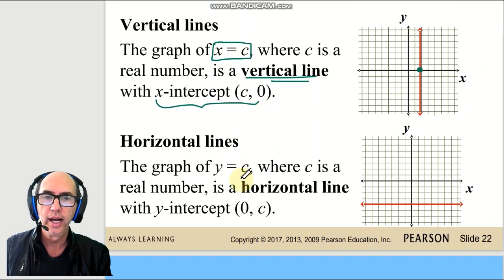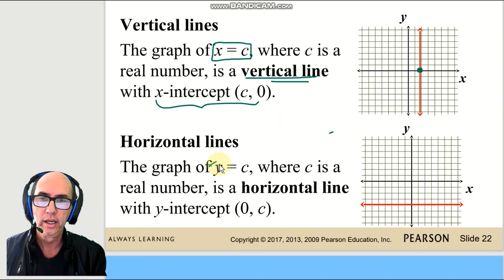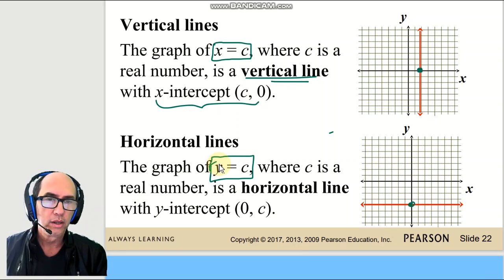And if you have y equals c, or the equation y equals a number, the line will be always horizontal, and we will have y-intercept, but we don't have x-intercept. The graph is parallel to the x-axis.